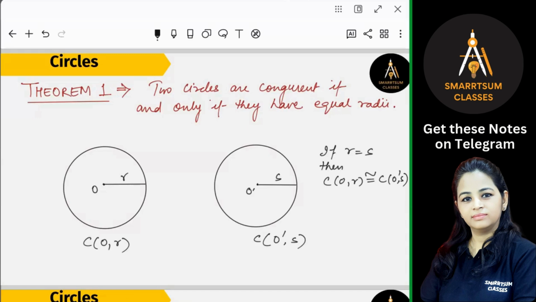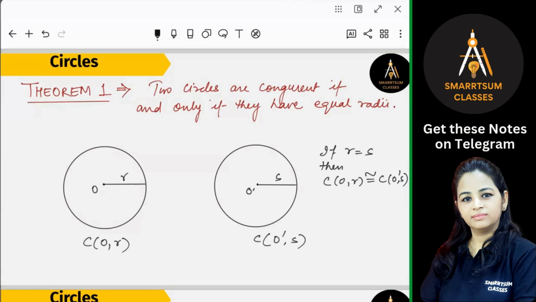So these two circles C(O, R) and C(O', S) will cover each other completely if you put one over the other. The two circles are congruent and they have equal radii. So can you say that if they have equal radii, they will have equal area? Yes or no? So if two circles have equal radii, they also have equal area, right?